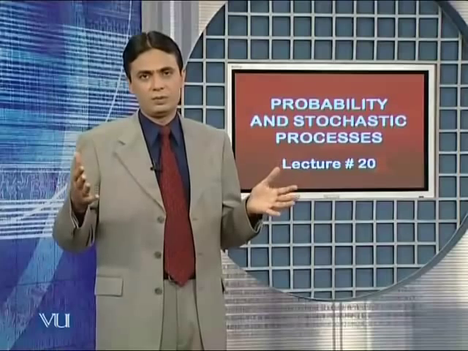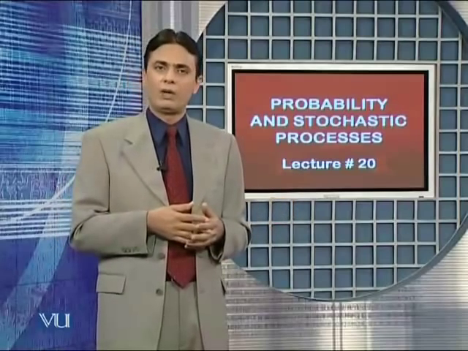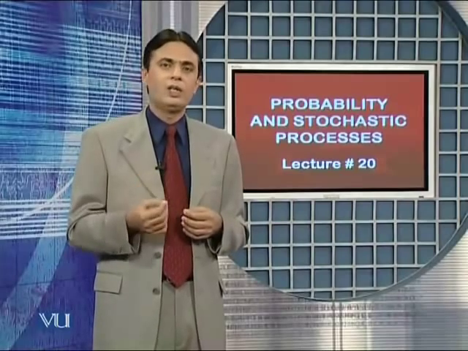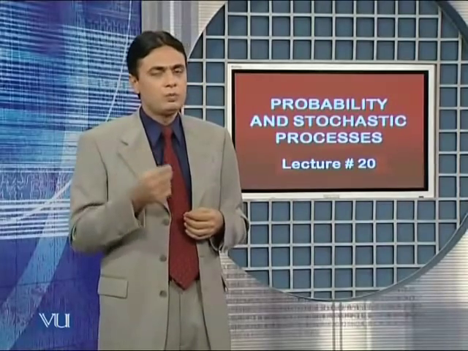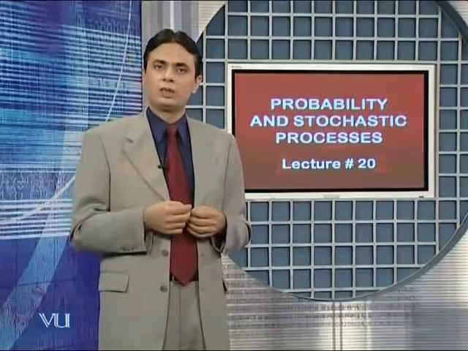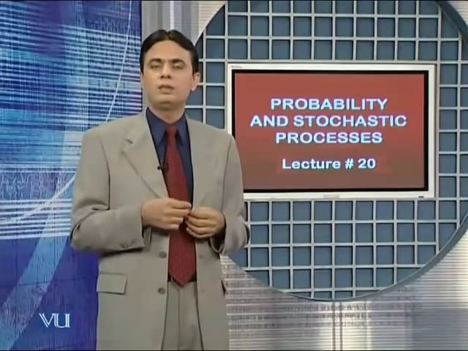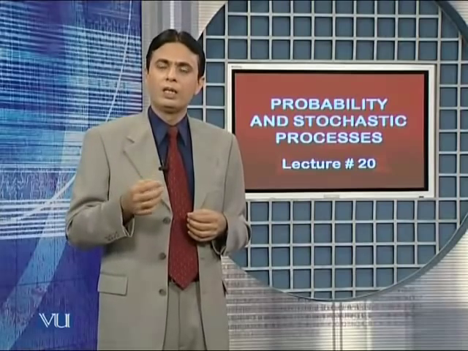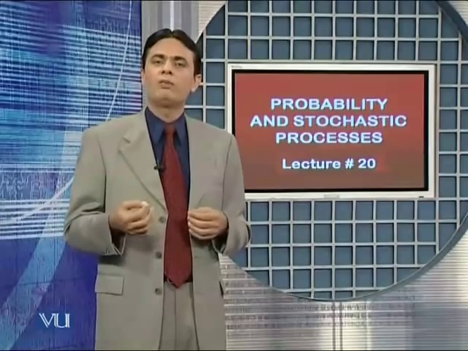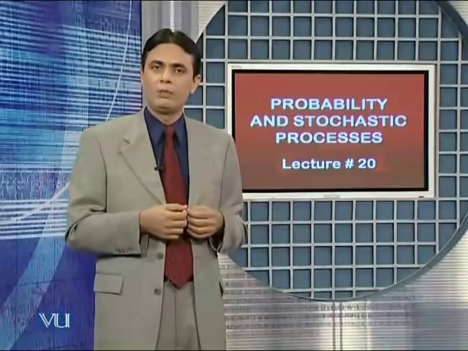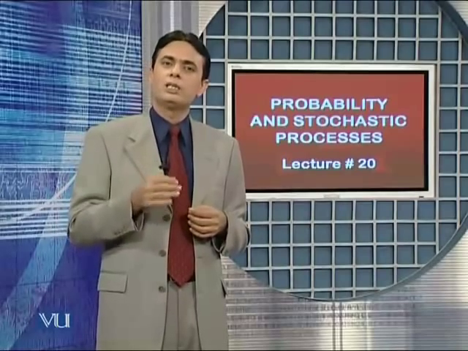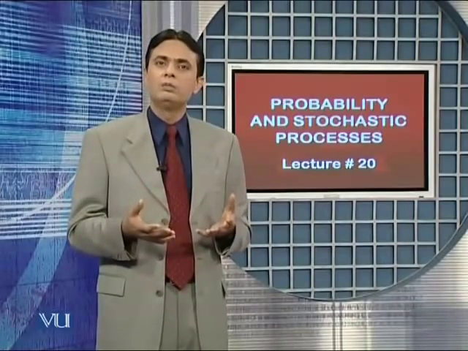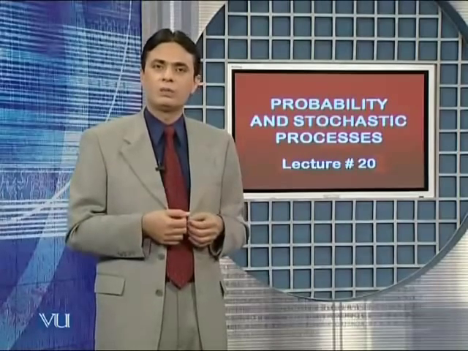So if these are the extents of the values that these two observations are going to take on, then these two observations are not independent of each other. They are going to influence each other. If a person is tall, it is more likely for him to have a large waist measure, and similarly, if the person is shorter in height, then it is more likely for him to have a smaller waist measure.